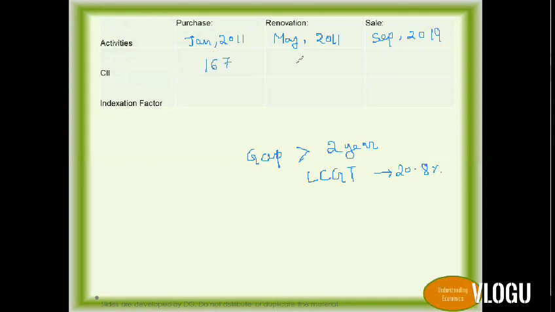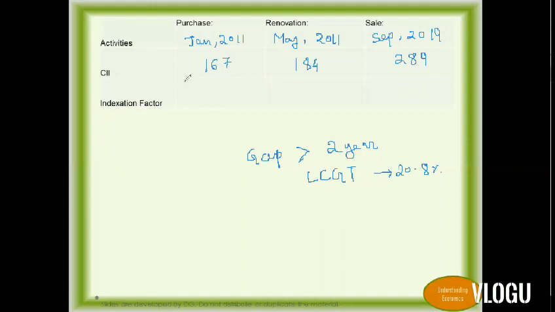For the renovation year, the CII is given as 184. For the selling year, the CII is given as 289. Now in this case, we will calculate the indexation factor. For the purchase, we need to calculate the value of the purchase for the selling year with the help of the indexation factor.